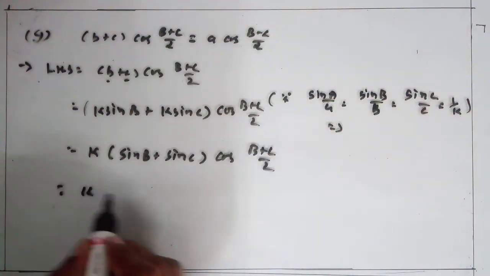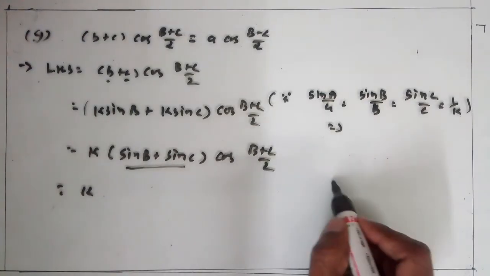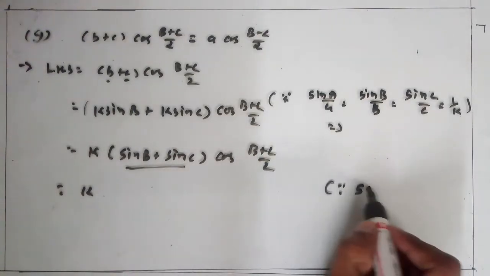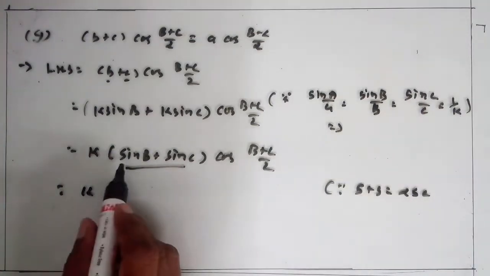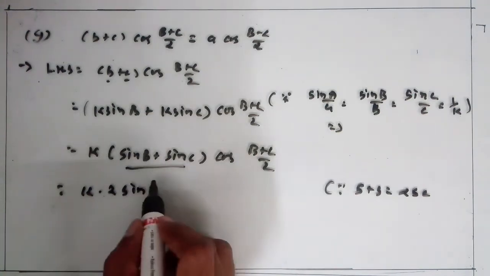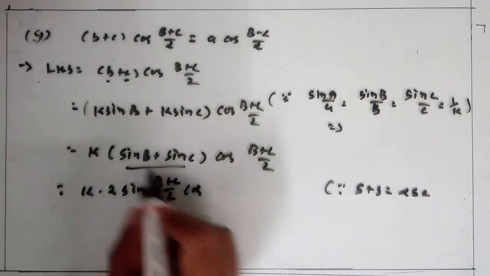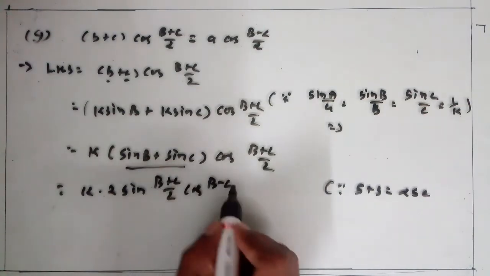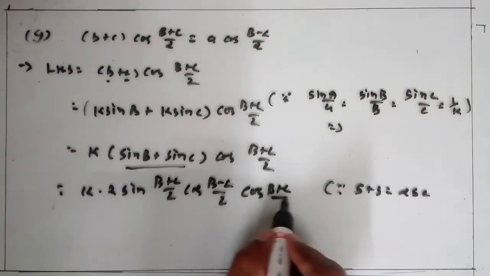So it is equal to k into (sin B + sin C). You know that sin B plus sin C is equal to 2 sin of the addition of these two divided by 2, (B + C)/2, into cos of the subtraction of these two, (B − C)/2, into cos((B + C)/2).